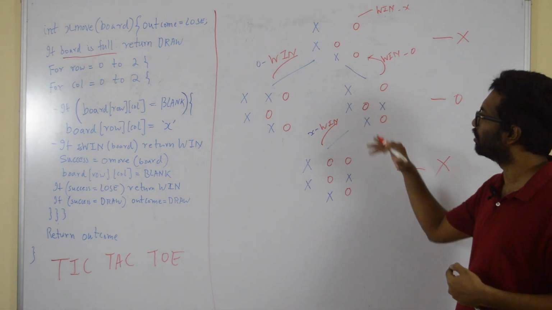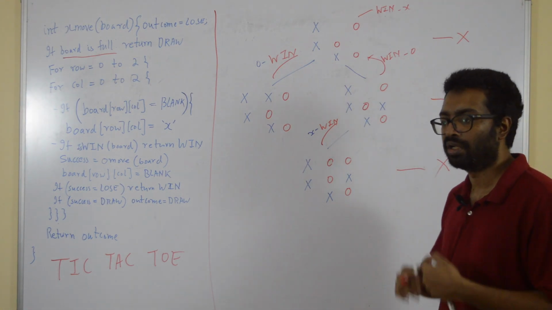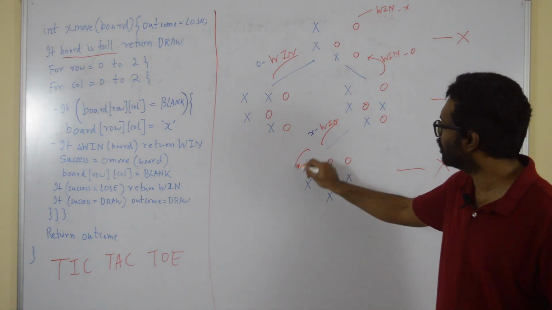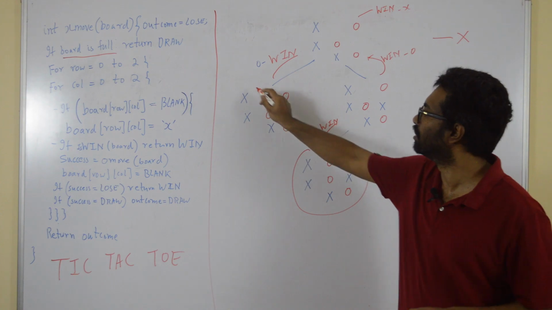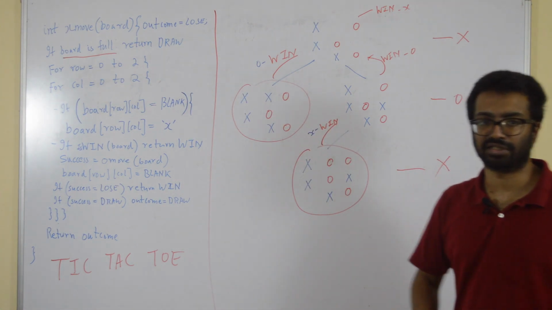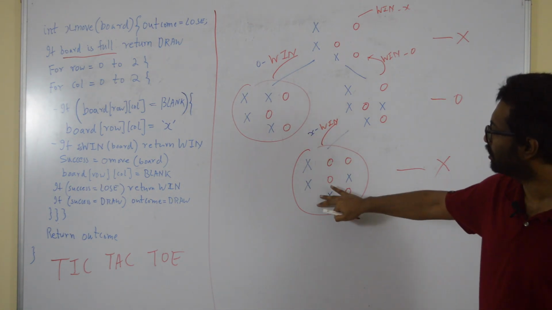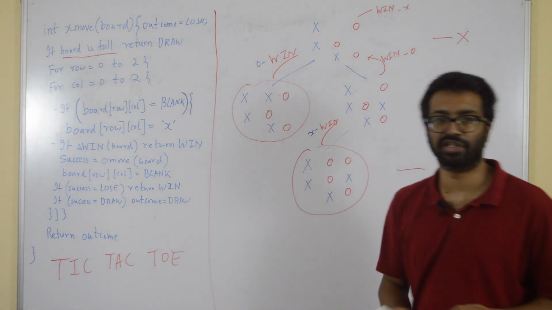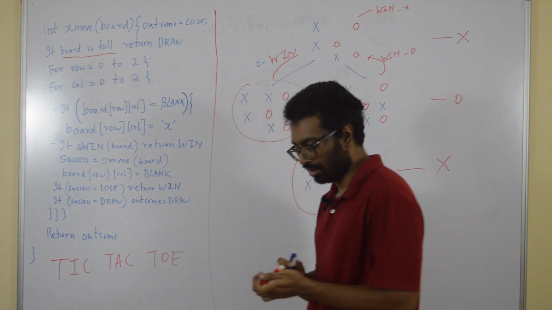First X, then O, then X, then O. It will be like that. And the next thing you can notice is that all the leaf nodes are basically the base cases. Why is this a base case? Because it's returning from a win here. And why is this a base case? It's returning from a win here. So these are base cases, right?